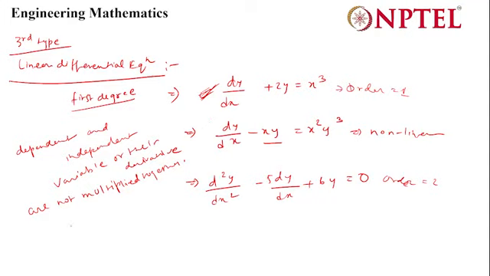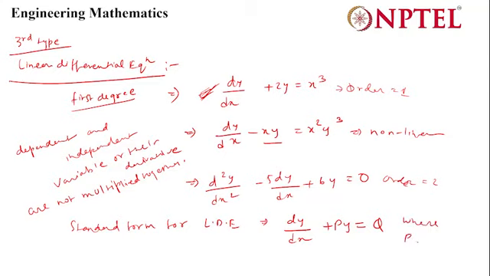So what is the standard form for a first order linear differential equation? dy by dx plus py is equal to q, where p and q are functions of x.